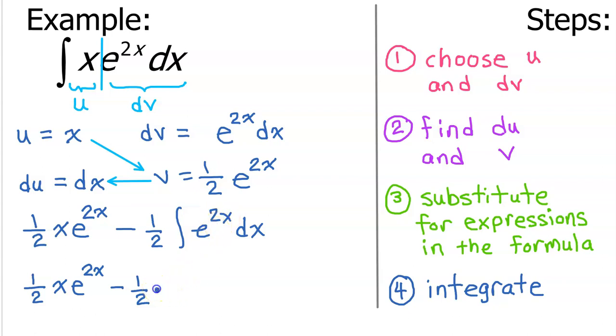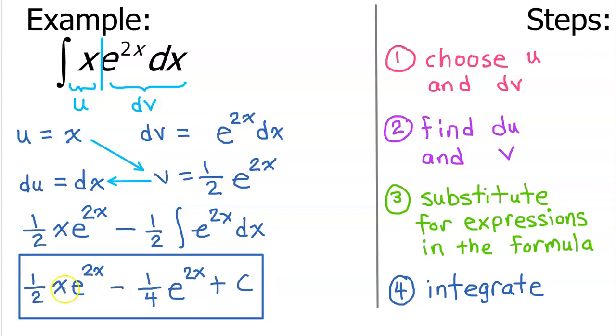We can show that we are dividing by 2 by putting a 1/2 out in the front. Then the integral of e to the u is e to the u. And now we will put the plus c. Of course, 1/2 times 1/2 is 1/4. So this is the final answer.